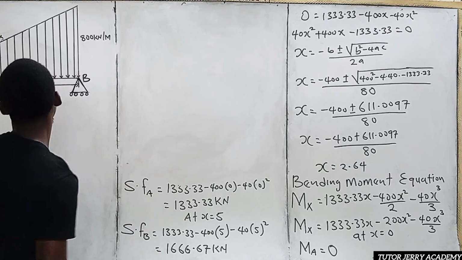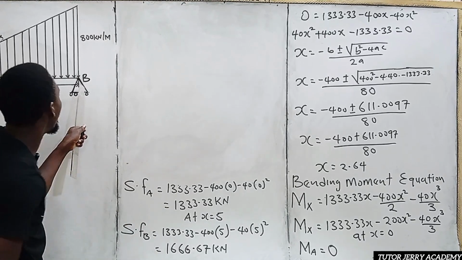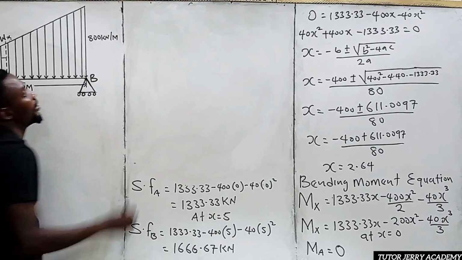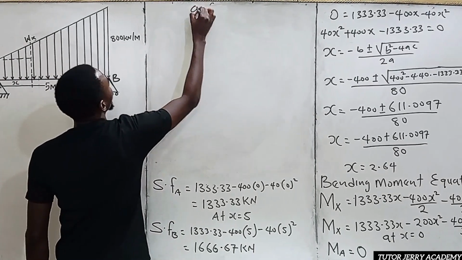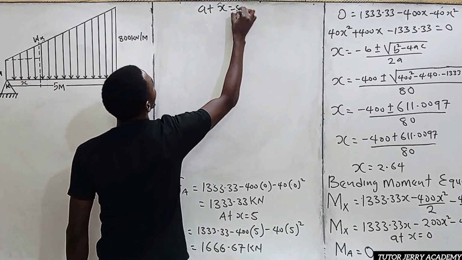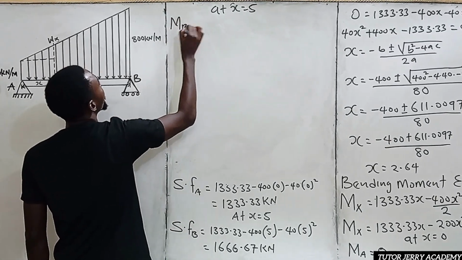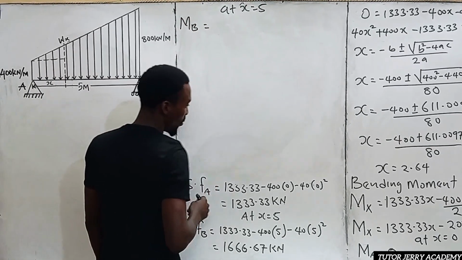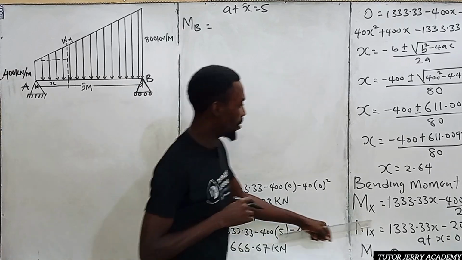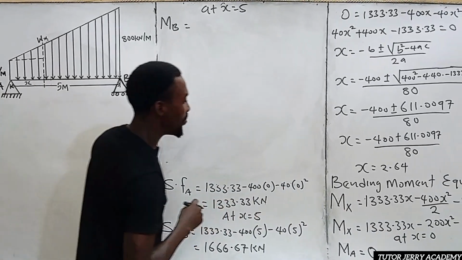So now we are going to consider S equals 5. So we are going to get our bending moment at point B. At S equals 5, the bending moment at point B is going to be equal to, so we are going to substitute 5 into this bending moment equation.